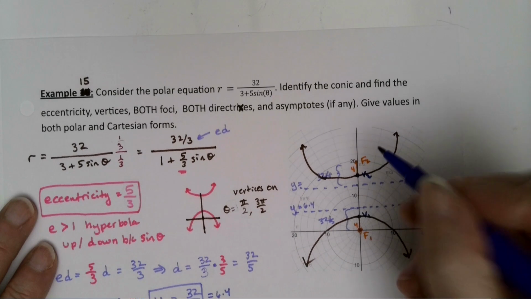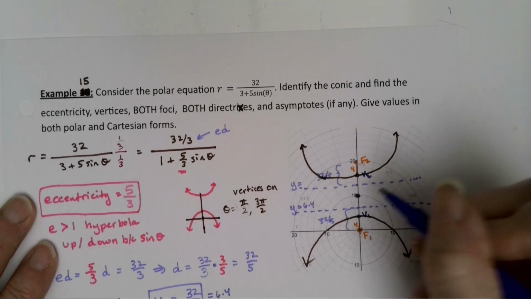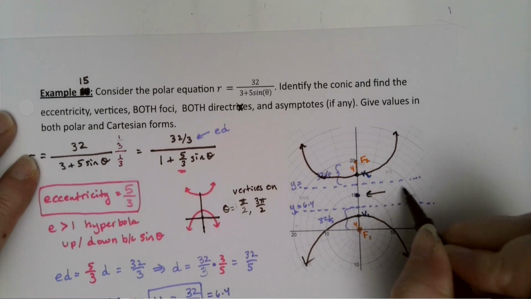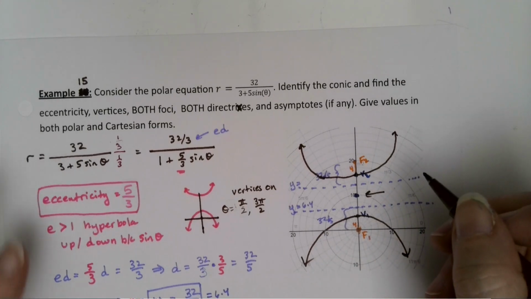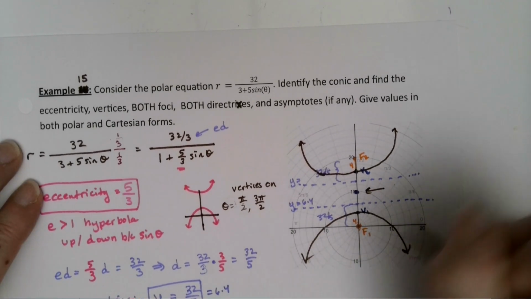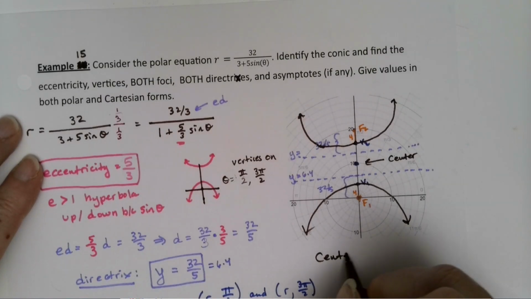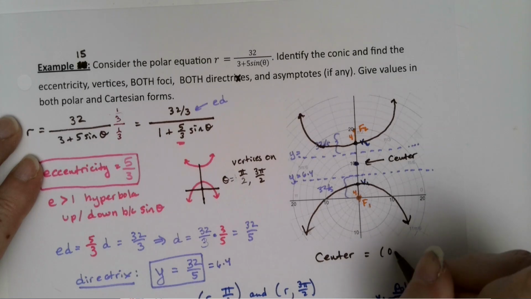I'll put it up here. The center, can you see it? It's right there. So the center, and I don't know if I ever asked for it anywhere, but I'm going to put it somewhere. I should ask for it. I'll add it to the list. The center is 0, 10.